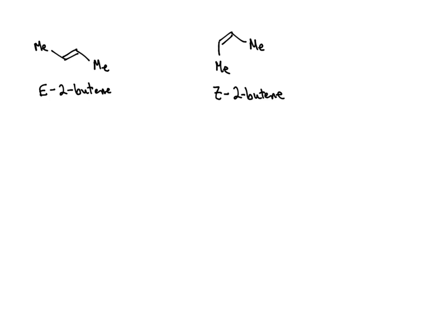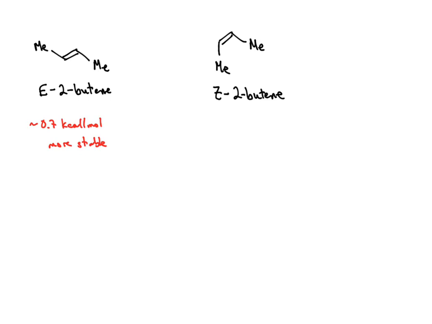It turns out that the E isomer is about 0.7 kcals per mole more stable. And the reason why this is more stable is because it has those two methyl groups on opposite sides of that double bond.